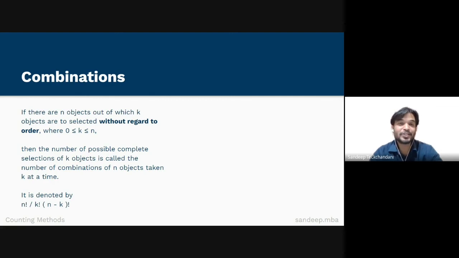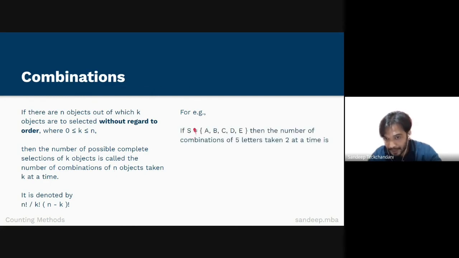Let me illustrate this point with the help of an example. Consider the set S that has 5 elements in it. The 5 elements are A, B, C, D, and E. If I want to select 2 letters out of these 5 letters, then I will use this formula: n factorial upon k factorial times n minus k factorial.